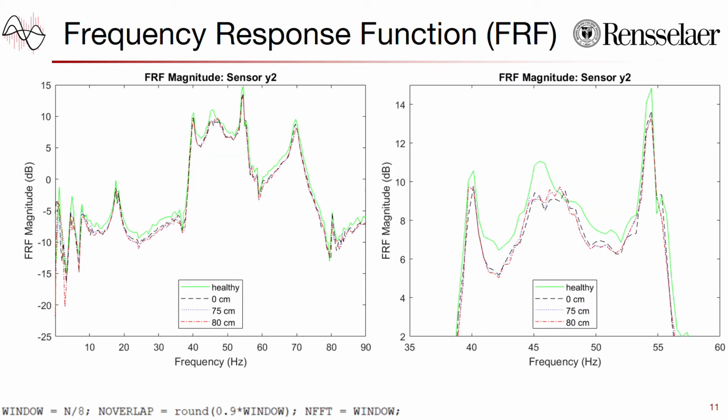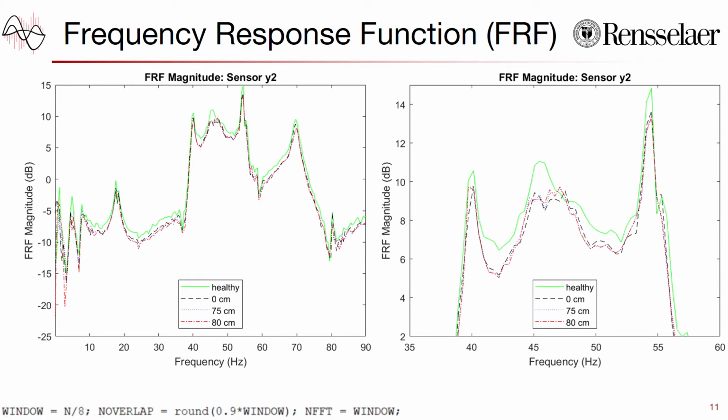Next, I plotted the frequency response function for sensor Y2. This is where it gets a little interesting, because here you can see that the healthy signal is generally above the possible damage locations. As you can see on the right side, I blew up the graph on the left from 35 to 60 hertz, with the, I think that's yellow or green, I'm a little colorblind, being the healthy signal and all the other signals being the possible damage locations.